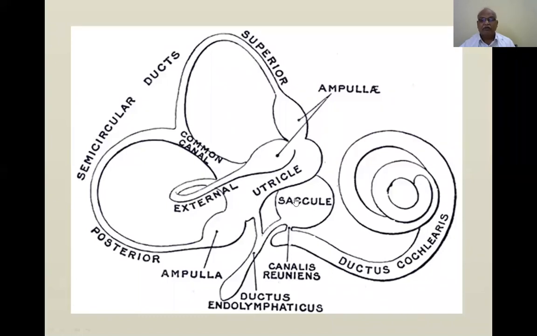The membranous labyrinth of the vestibule is divided into the utricle postero-superiorly and the saccule antero-inferiorly. Inside the semicircular canals are the semicircular ducts, which open by means of 5 openings. So this is nothing but a continuation of the membranous labyrinth.